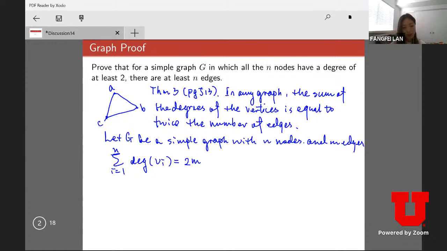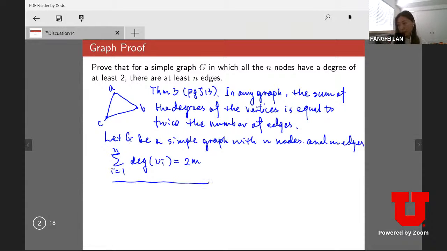So actually, this graph satisfies the condition that every node has a degree of at least 2, right? Because every node has a degree of 2. So you can see that there are 3 edges, and the sum of the degree is 6. So that's exactly what this theorem is saying.